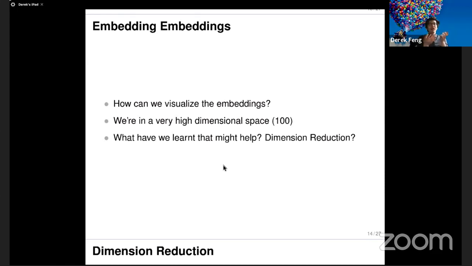The other way is visualization, but obviously they're in high dimensions, so it's not that easy to visualize. So what we want to do is some type of dimension reduction procedure that allows us to represent these in 2, maybe 3 dimensions, so that we have better intuition as to what is going on.